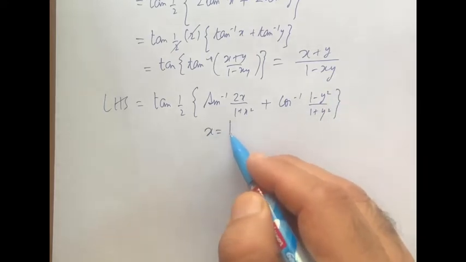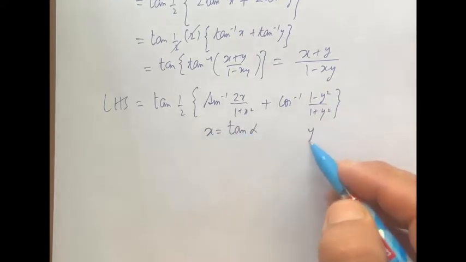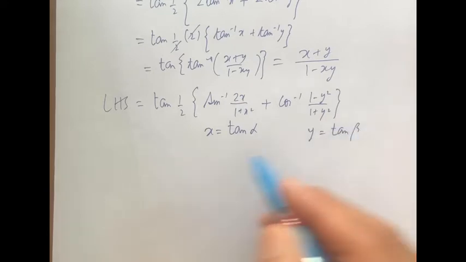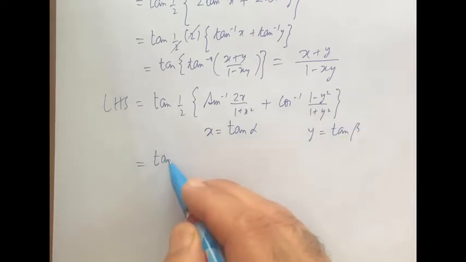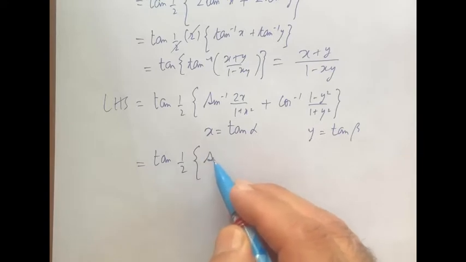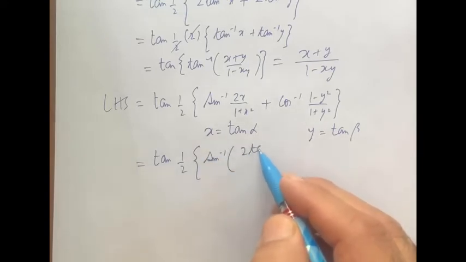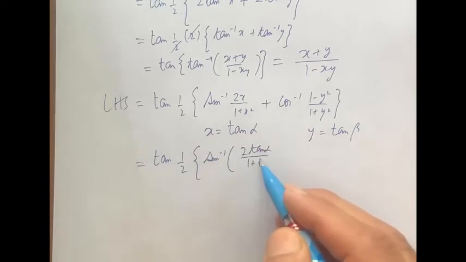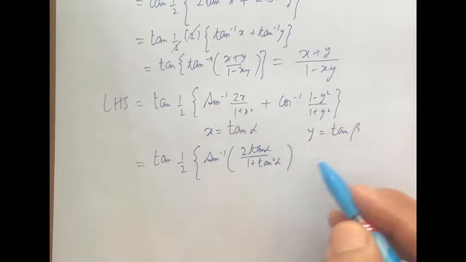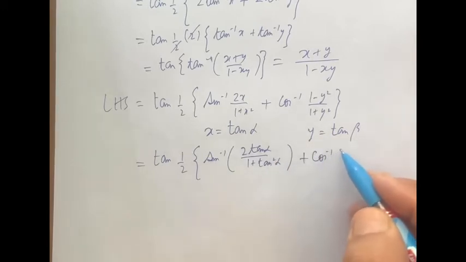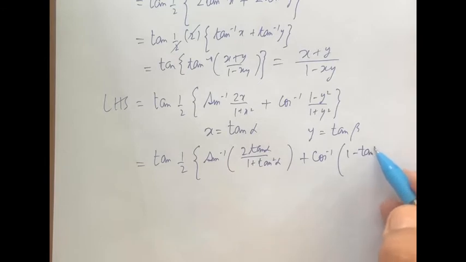Put x is equal to tan alpha and y equal to tan beta. This will be tan of 1 by 2 sin inverse of 2 tan alpha upon 1 plus tan square of alpha plus cos inverse of 1 minus tan square beta upon 1 plus tan square beta.